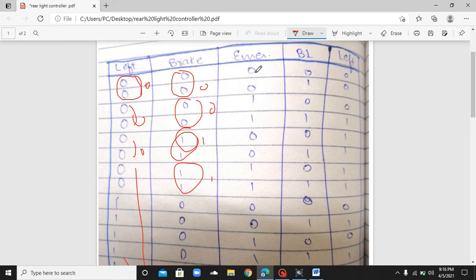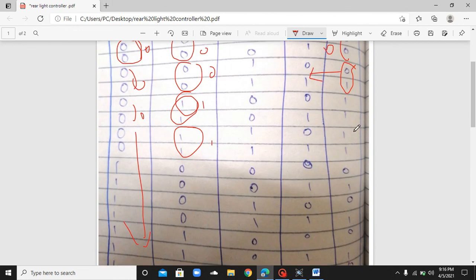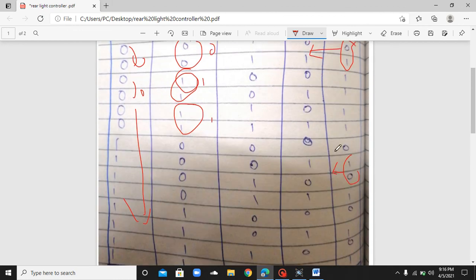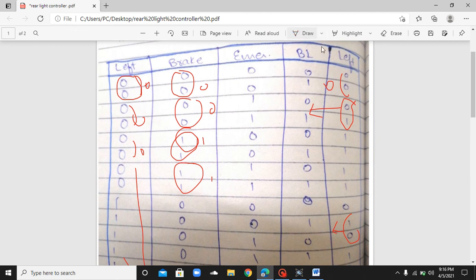Same is the case over here. This is 0 1. If I talk about the output, then this output is 0 1, which resembles the BL. This is 0 0, which is 0. This is 1 0, which again resembles the BL, and the whole truth table works.